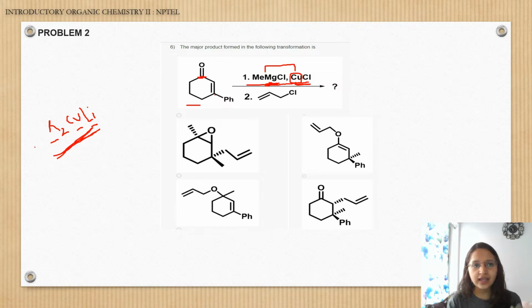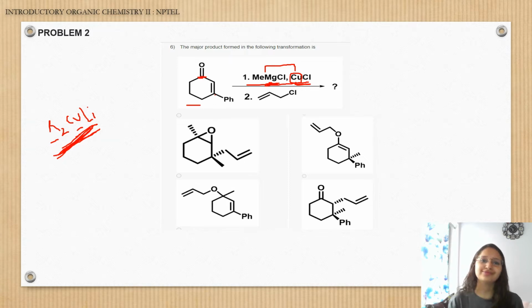It can be an alkyl or any aromatic group. So, according to you, which kind of attack will it prefer, 1,2 addition or 1,4 addition? Because there are two metals, right? You can't forget that copper is a soft metal, and lithium is a hard metal. So which kind of interaction will it prefer now? Can you guess?